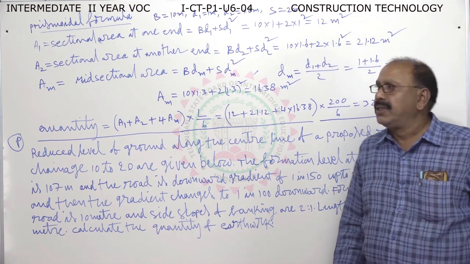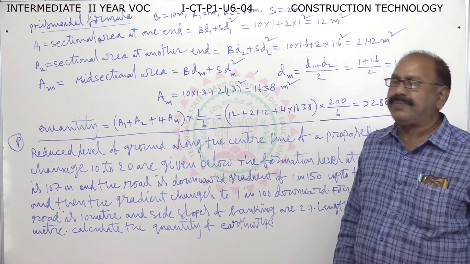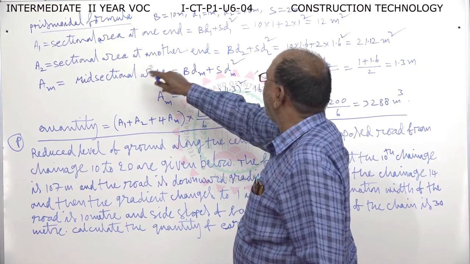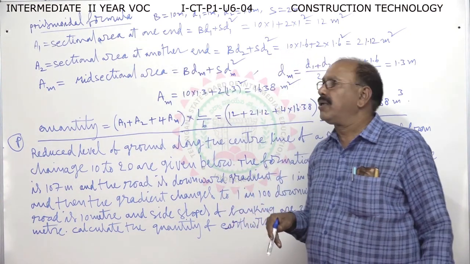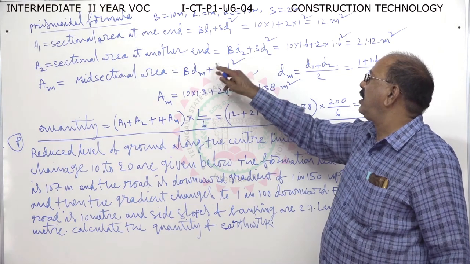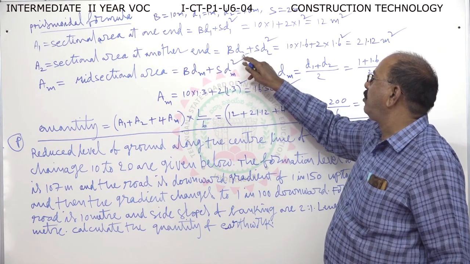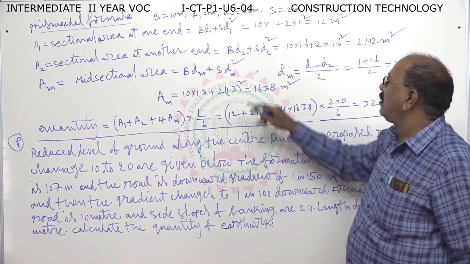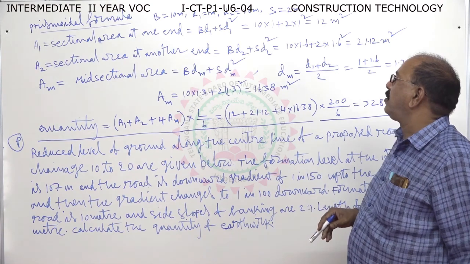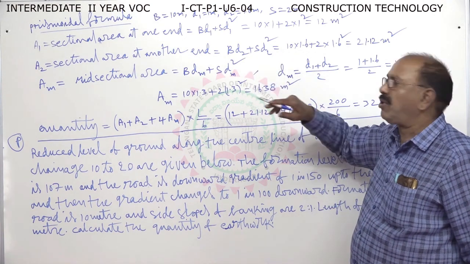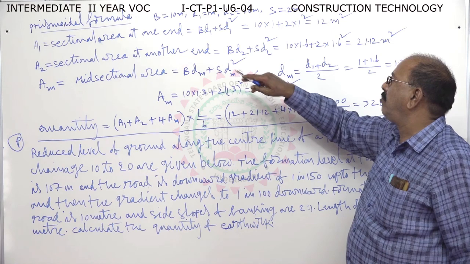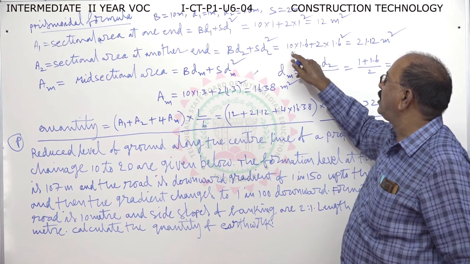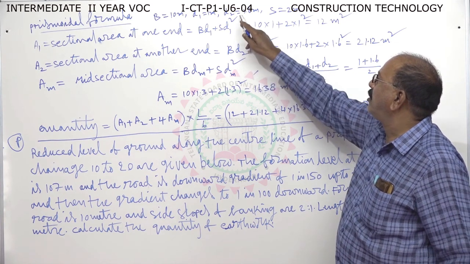Next, A2. Sectional area at another end of the road. A2 is equal to sectional area at the other end. Road to the other side, we calculate the sectional area. That is A2. That is equal to BD2 plus SD2 square. So in this also, you substitute the given values in this formula and see what happens. B is equal to 10 meters. So in the place of B, substitute 10 meters. Then D2 is equal to 1.6 meters.